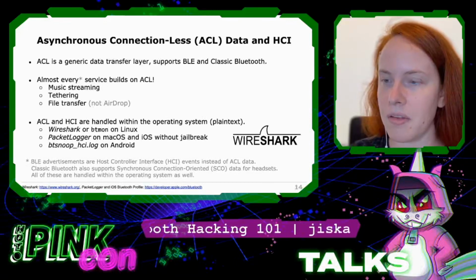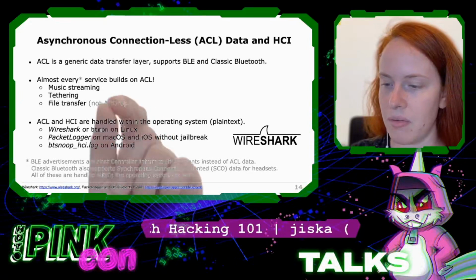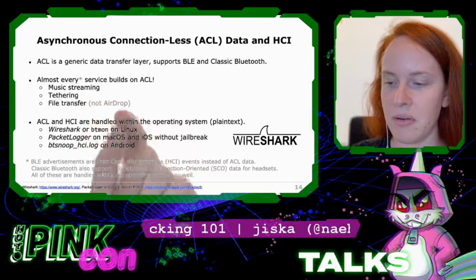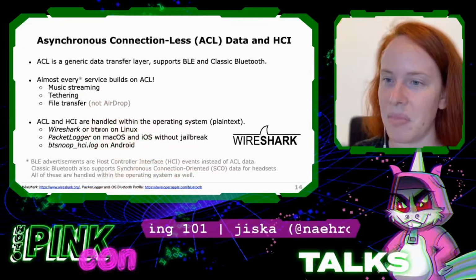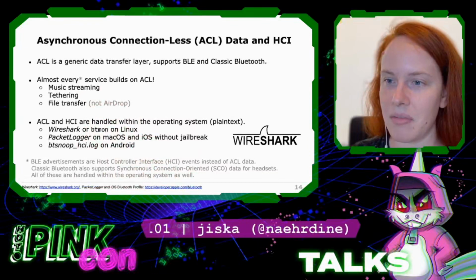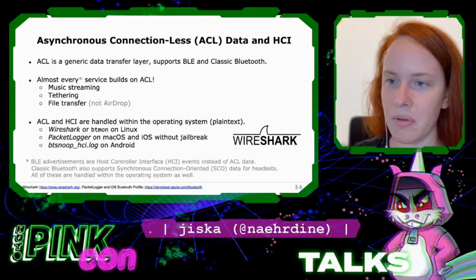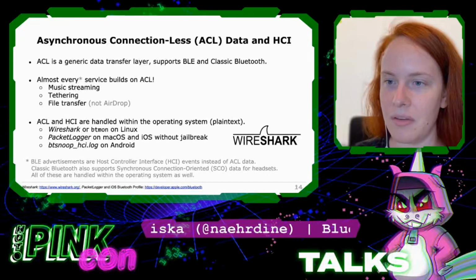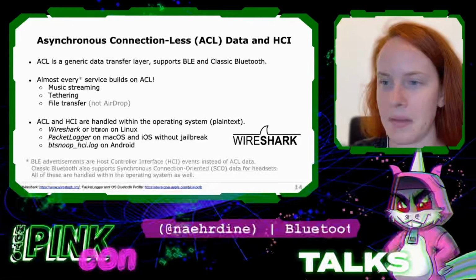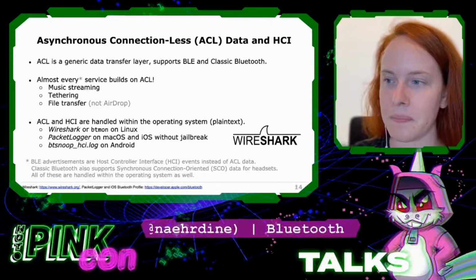In classic Bluetooth, you would get very fancy stuff like music streaming, tethering, and even file transfer. Here it's important to note that AirDrop is actually doing the file transfer with Wi-Fi and only the detection in Bluetooth. So you cannot transfer files between Apple devices and Android devices, because Android is using the standard file transfer, and that's not compatible with AirDrop.